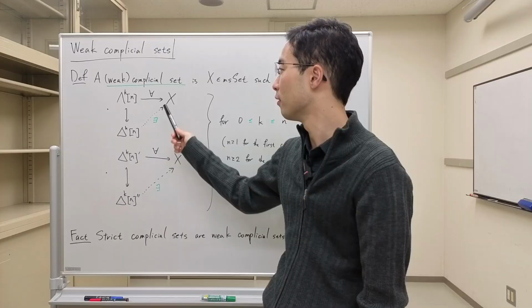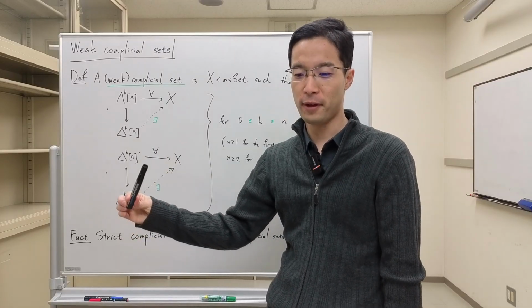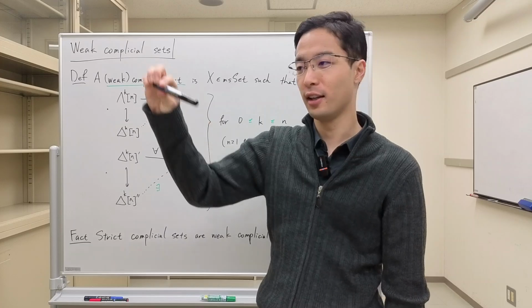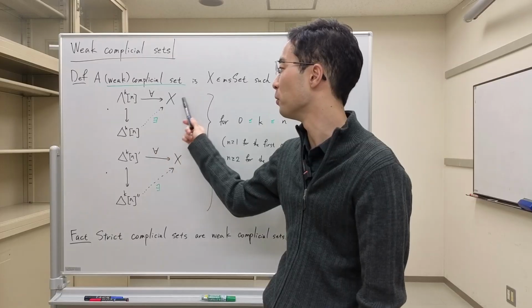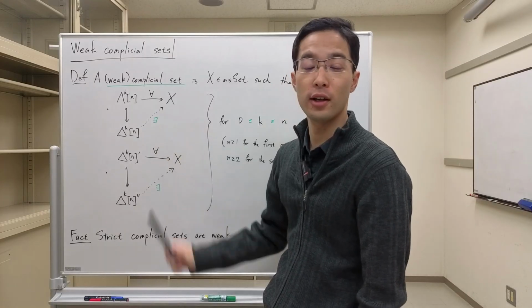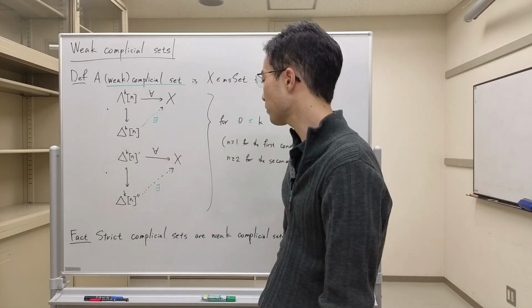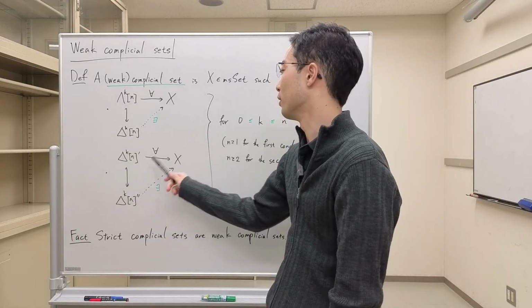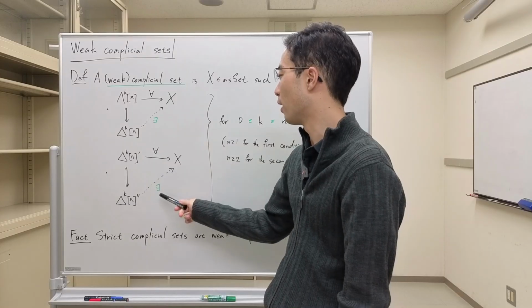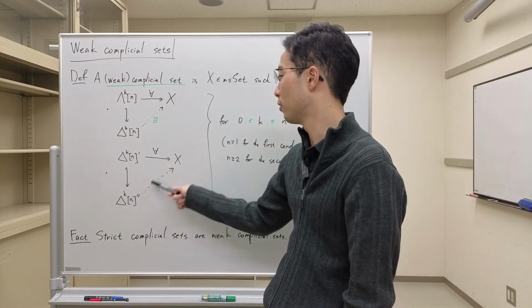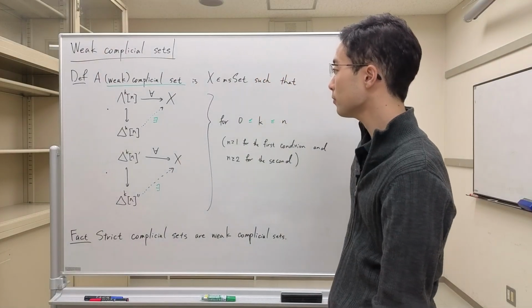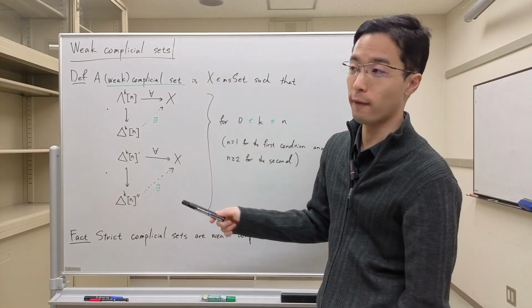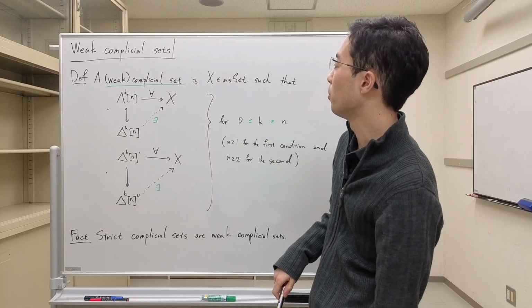And even if you fix the two factors, there can be many such two simplices, so we don't ask for unique existence, we only ask for existence. For this one, it doesn't actually matter because this map here is an epi, so if the lift exists, it's automatically unique. Anyway, that was the second difference between the weak and strict complicial sets.